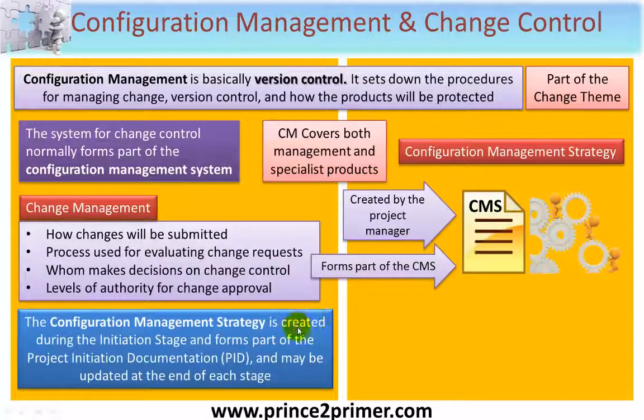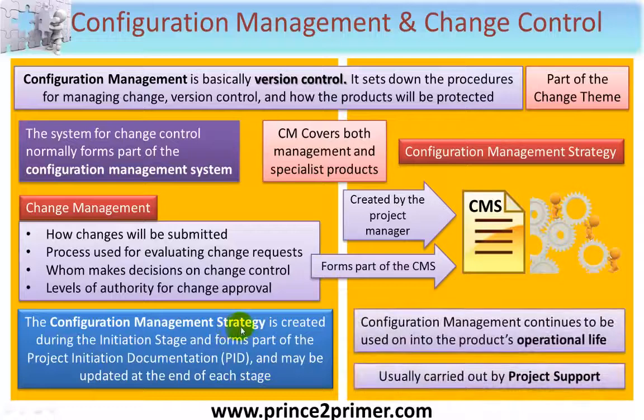Now, the configuration management strategy document is created during the initiation stage and forms part of the project initiation documentation, and as such may be updated at the end of each stage. Now, configuration management will continue to be used on the project's end product during its operational life, which is why configuration management is normally carried out centrally within an organisation, such as by project support or a project office, if that makes good sense.